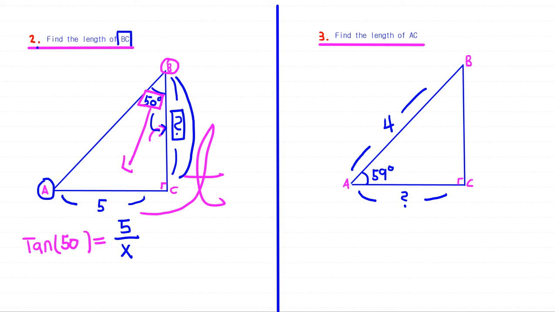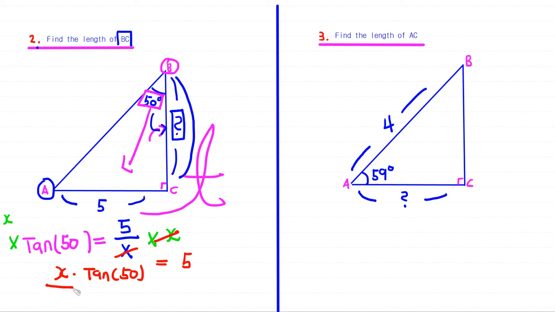In order to solve for x, we can multiply both sides by x. On the right side, the x value is going to cancel out, and only 5 is going to be left. And on the left side, it's going to be x times tangent of 50.